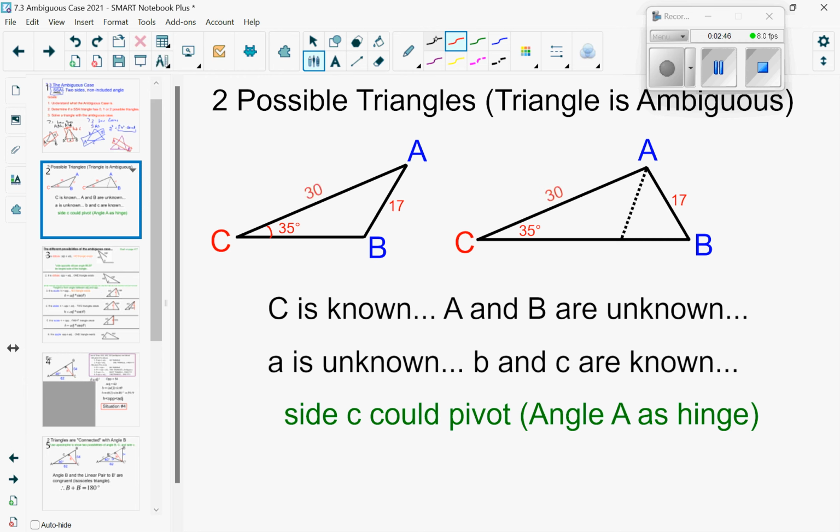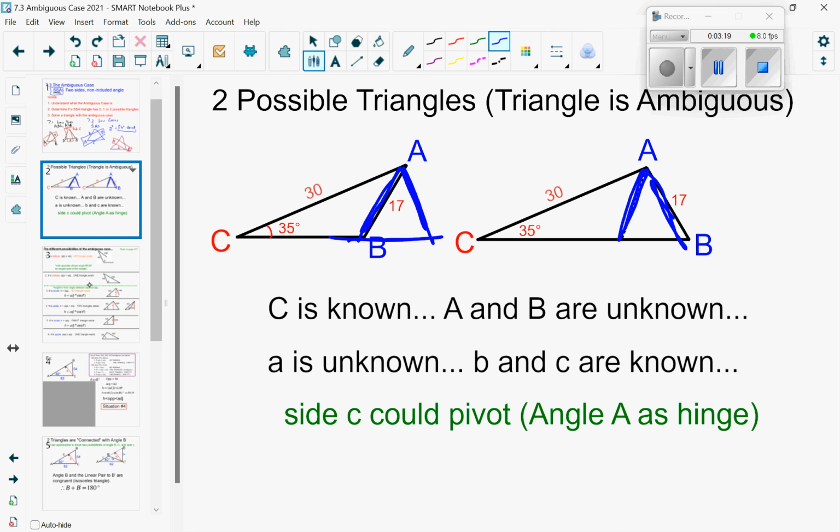I don't know big A, little a, or big B. So technically, is that 17 right here, or is it out here? I don't really know. So side C could be a pivot, this hinge, where I have that angle or that angle. So we have to look into some specific situations.